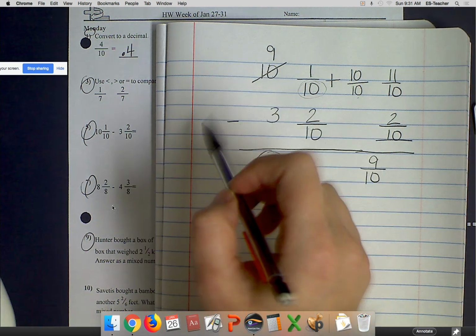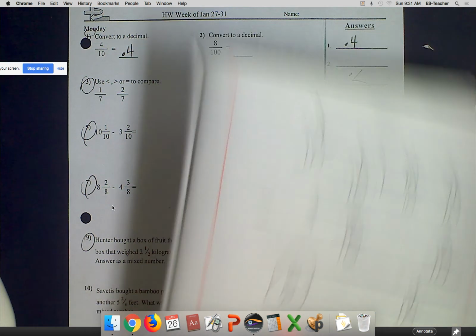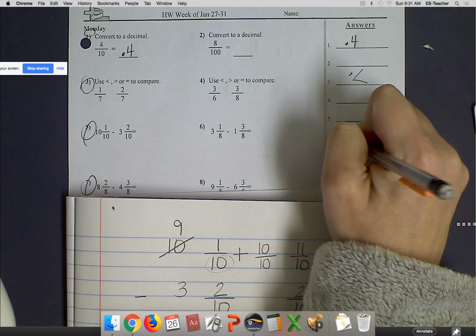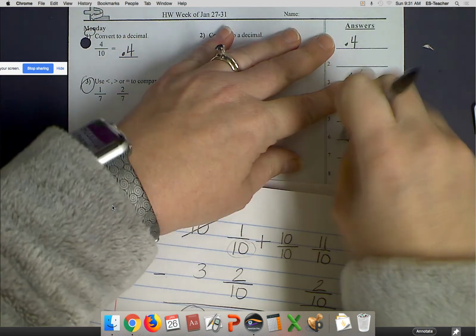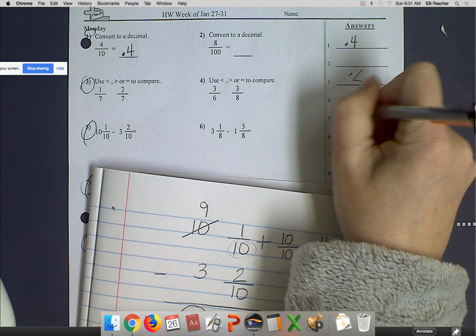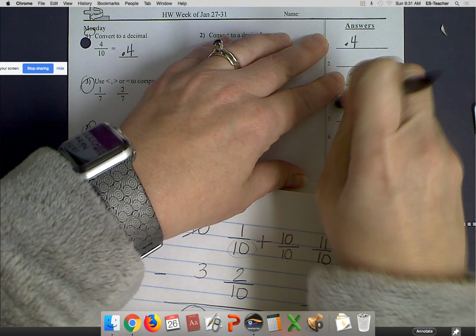Then 9 minus 3 is 6. So the answer for number 5 is 6 and 9/10. I'm going to erase that a little bit right there.